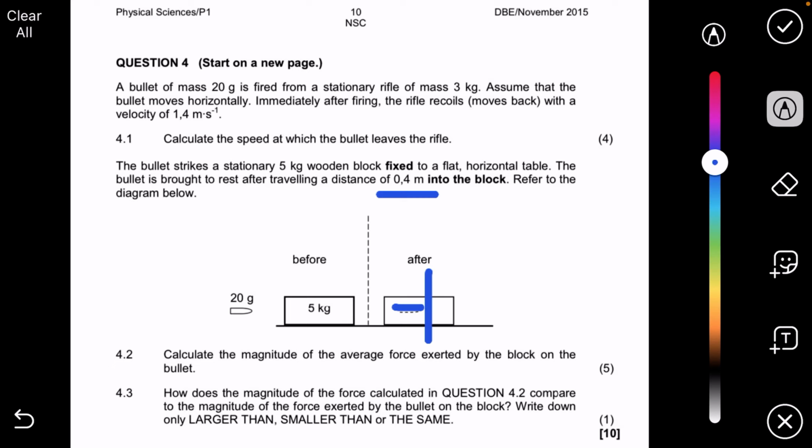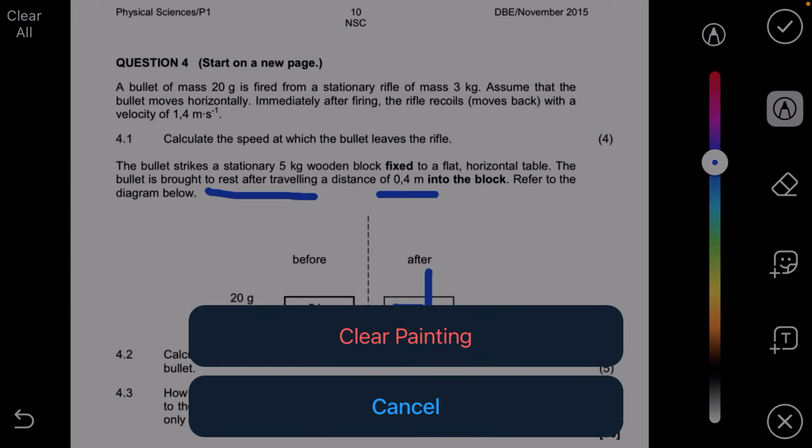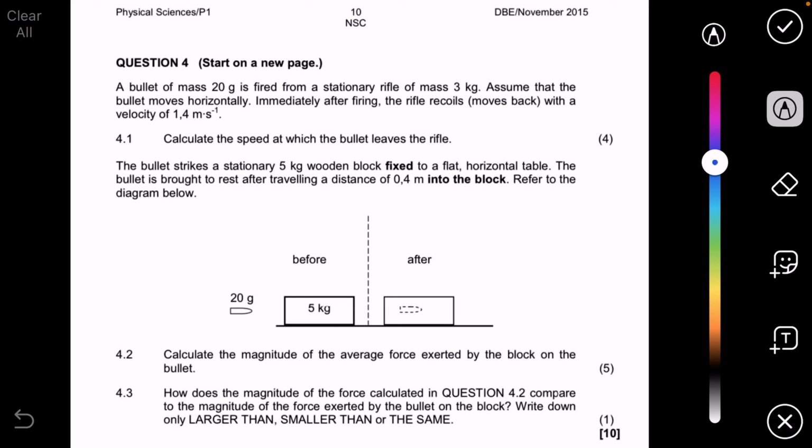They're saying the bullet is brought to rest after traveling a distance of 0.4 meter into the block. That's why it's very important that you watch most of my lessons, because there's a relationship between the formulas that we use for momentum and the formulas that we use for equations of motion, for vertical projectile motion.